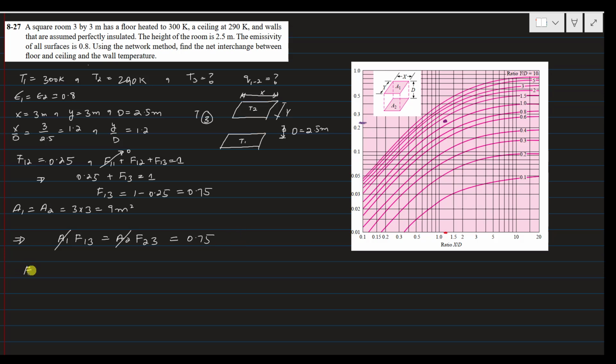The emissive power of surface 1 is equal to sigma T1 to the power 4, that is 5.67 multiplied by 10 to the power minus 8 multiplied by T1, that is 300, all to the power 4. After simplification, you will get 459 watt per meter square.